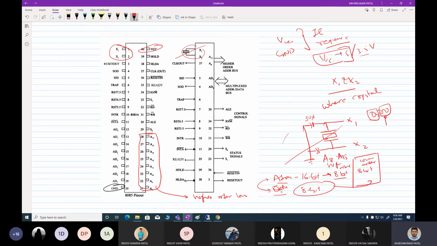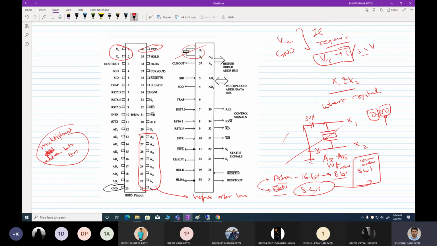The address bus and data bus are combined, and it is known as the multiplexed address data bus, or multiplex data address bus.